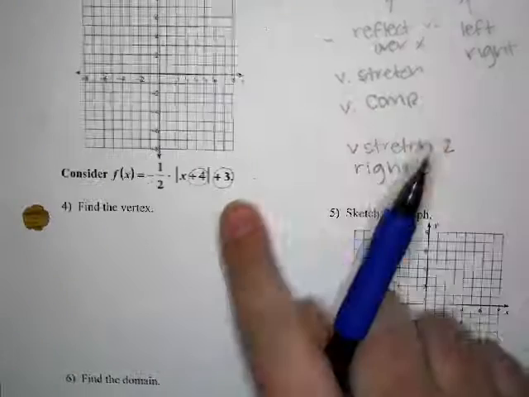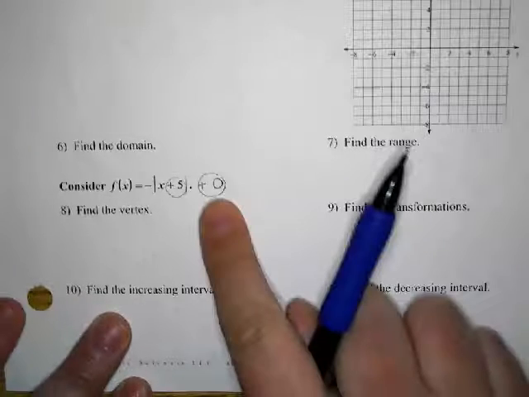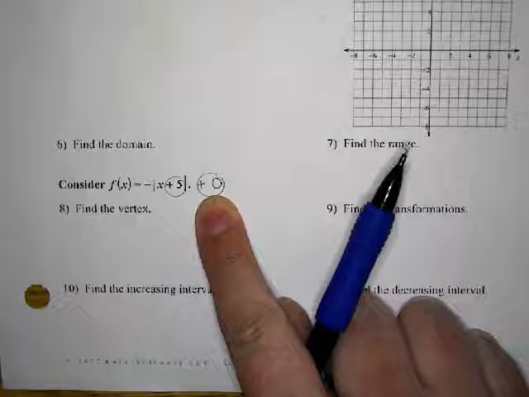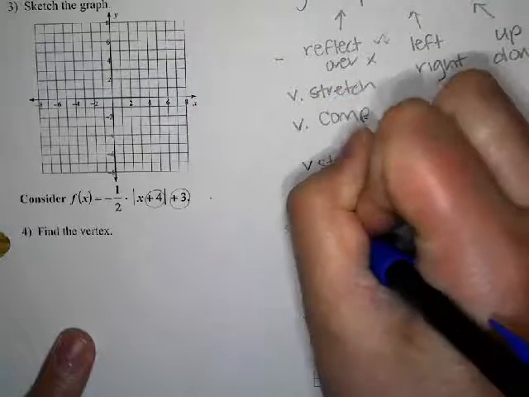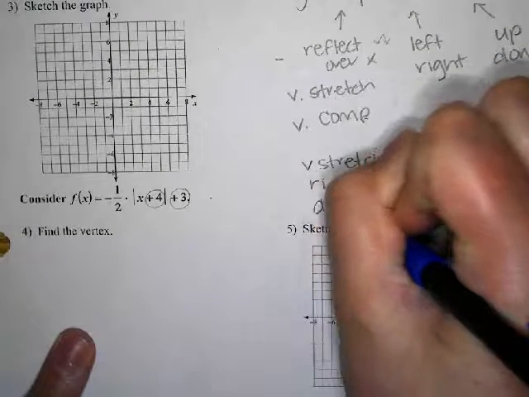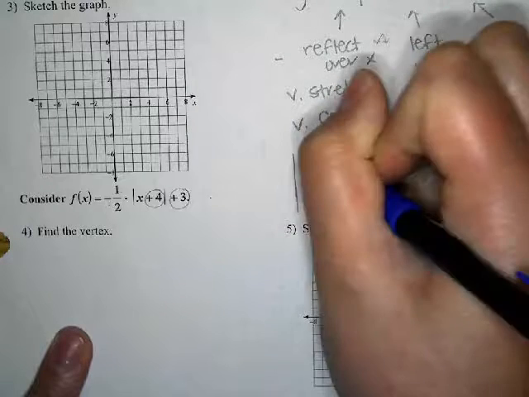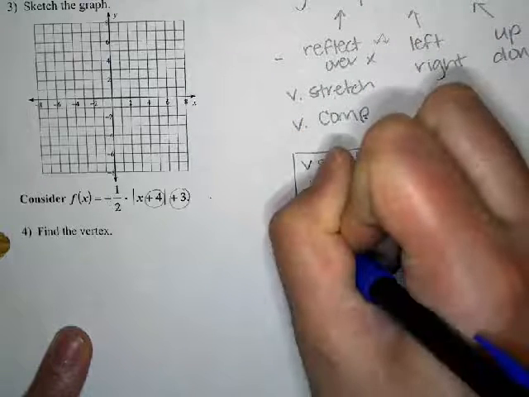This graph is moving up 3. And this graph didn't move at all. So for up or down, you're just not going to say anything. So for this one, I'm going to say the graph moved down 1. So these are the 3 transformations for that first graph.